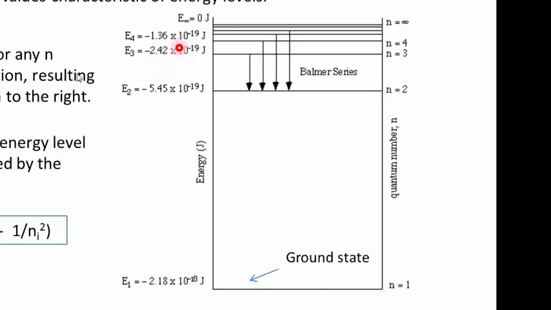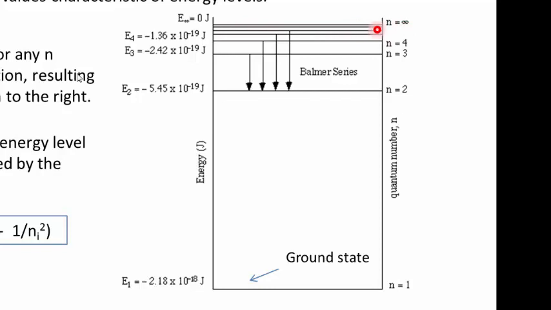And what you would see is a pattern in which at energy level 1, or when n equals 1, we're at a lower energy level than when n equals 2, then when n equals 3, and n equals 4, 5, 6, etc. And in fact, they kind of bunch up till you get to n equals infinity.